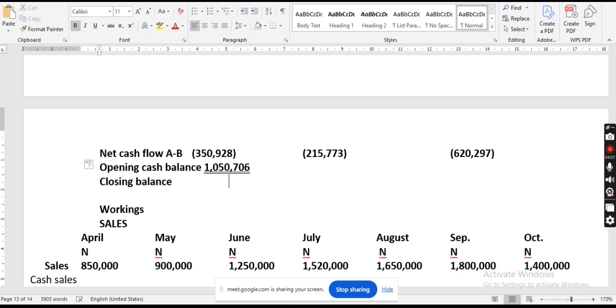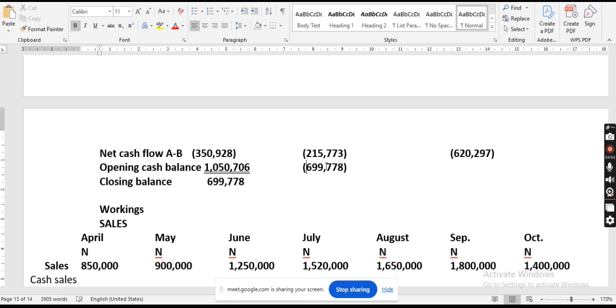699,778. Class, the closing balance of July will be the opening balance of this. So we can come here and put our opening balance.